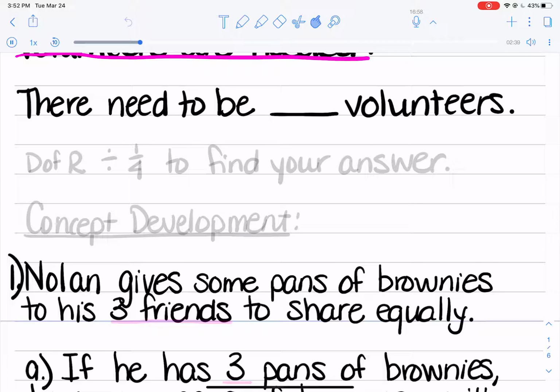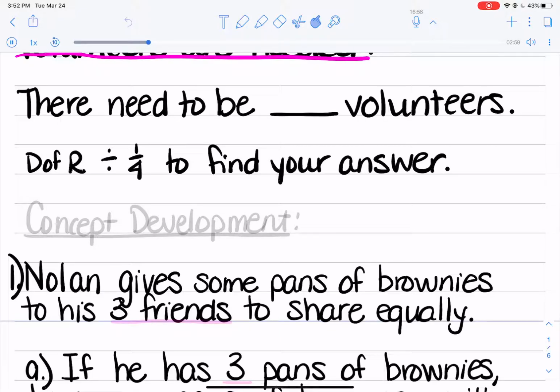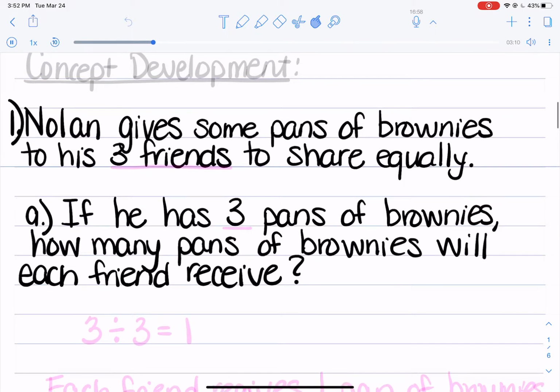So it's going to be the total distance of the race divided by 1/4 to find your answer. I'm going to work this problem through. I'm going to draw a tape diagram and put your answer on the Google form. Thanks.